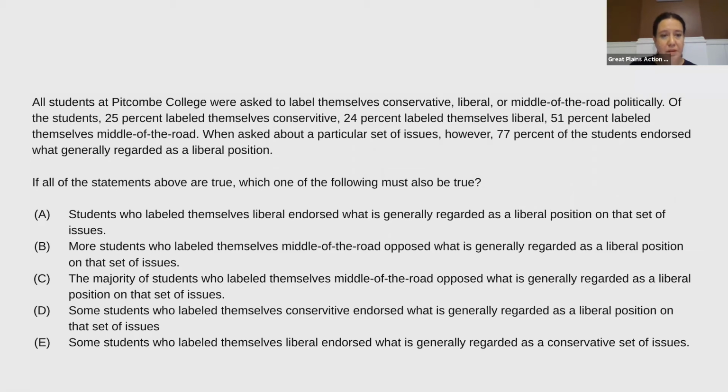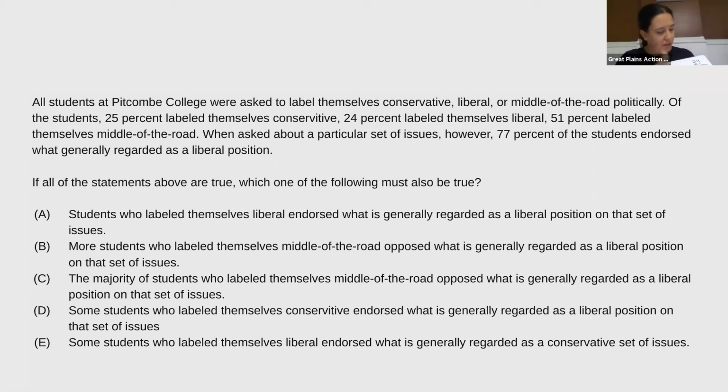No. Some students who labeled themselves conservative endorsed what is generally regarded as a liberal position on that set of issues. Well, that's what that says. Some conservatives endorse the position. All right, so we know our answer is D. And look at E. Some students who labeled themselves liberal endorsed what is generally, yeah, that doesn't have to do with what we're being asked.